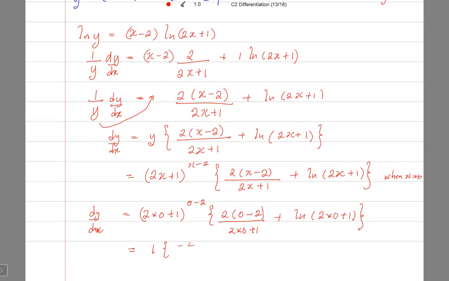So this is minus 4 over 1 plus ln 1, and ln 1 is 0. So inside the bracket, what I have is minus 4, and 1 times minus 4 is minus 4. So the gradient when x is equal to 0, dy by dx, is equal to minus 4.